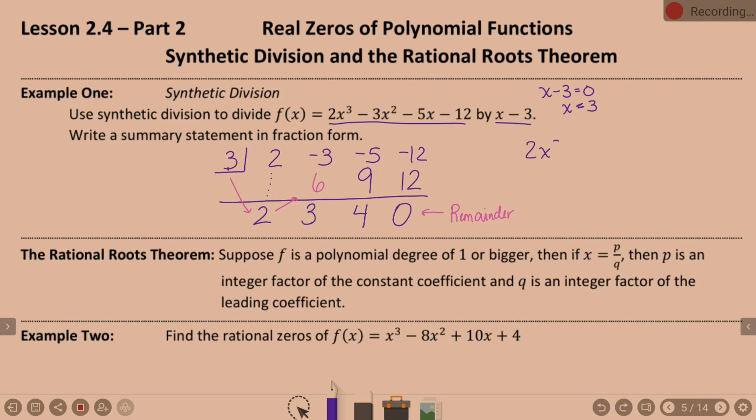The idea that 2x cubed minus 3x squared minus 5x minus 12 divided by x minus 3 is equal to what? 2x squared plus 3x plus 4.